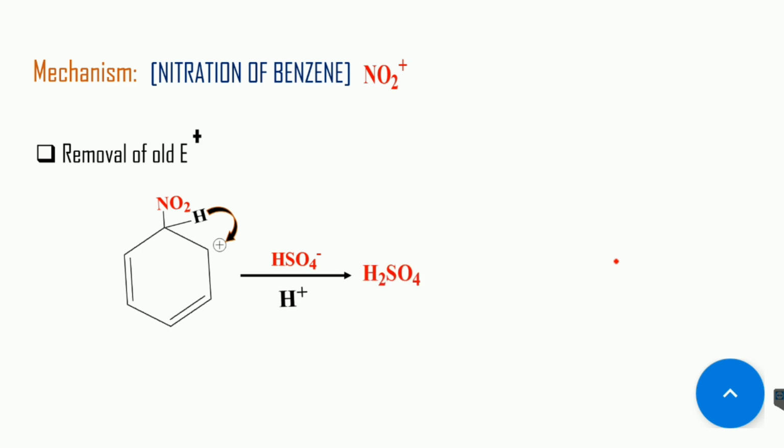By combination of the two different ions we get H2SO4 in return. So this H2SO4 acts as a catalyst, and we get our H2SO4 back again in the same form, and with it we finally get our desirable product, nitrobenzene. So this is all about nitration of benzene.